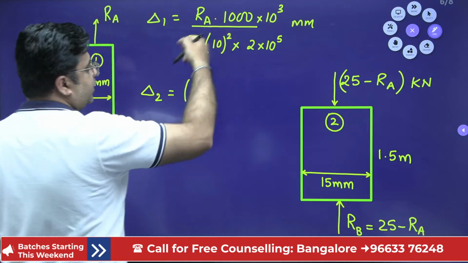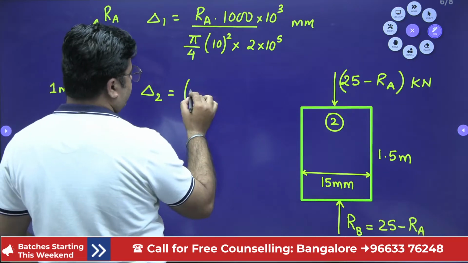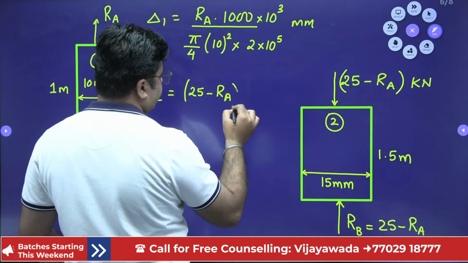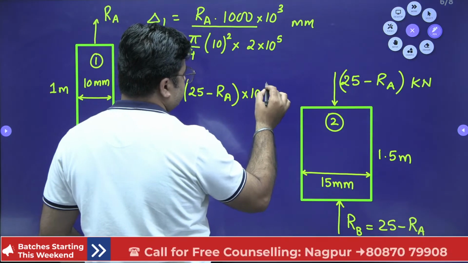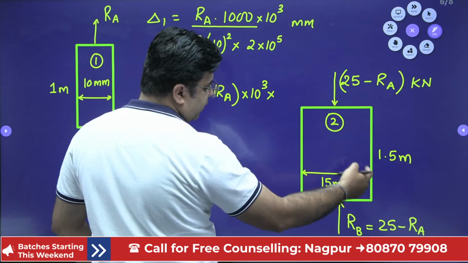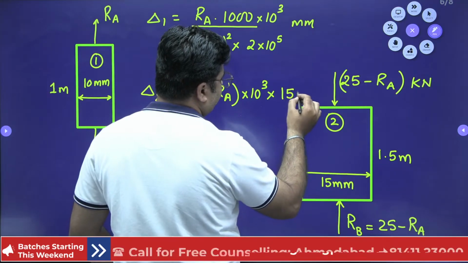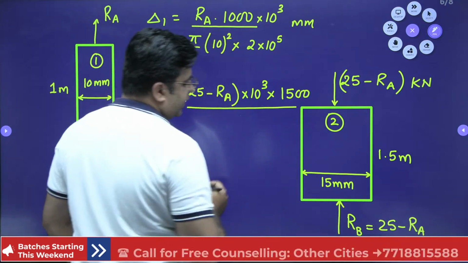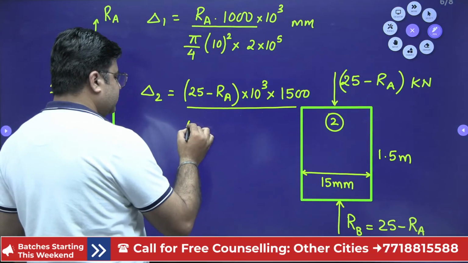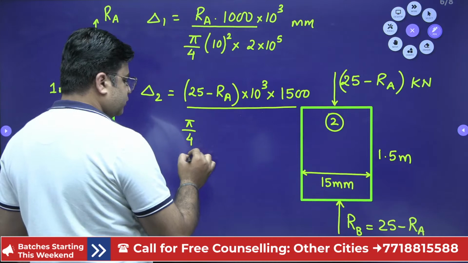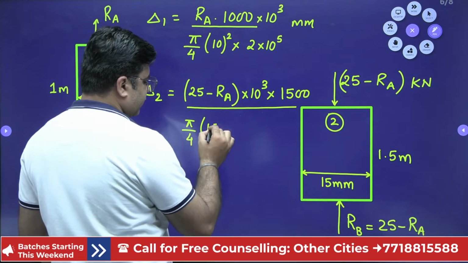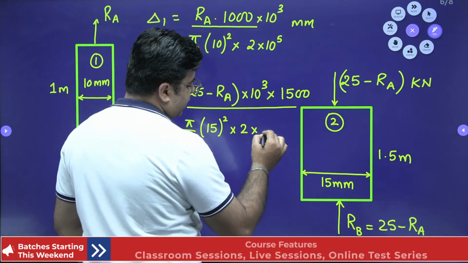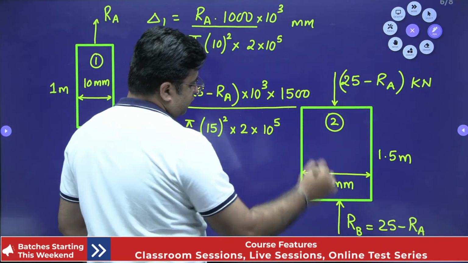So this is now in Newton. So I'll write 25 minus RA into 10 raised to power 3 into the length of the member, which is 1500 mm, 1.5 meter or 1500 mm, one and the same thing, divided by the area of the member, which is pi by 4 into 15 square, and E is 2 into 10 raised to power 5, right?